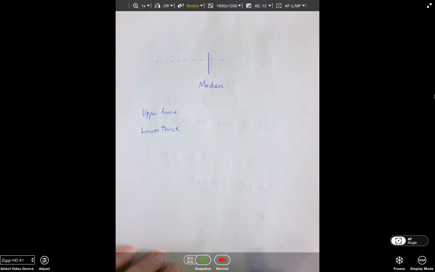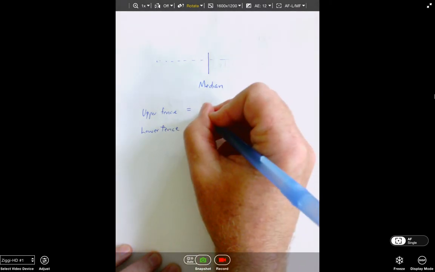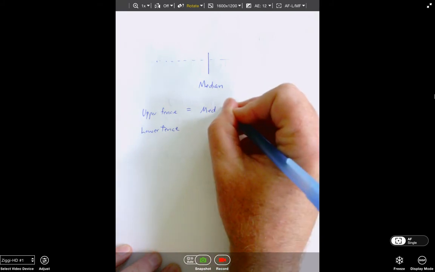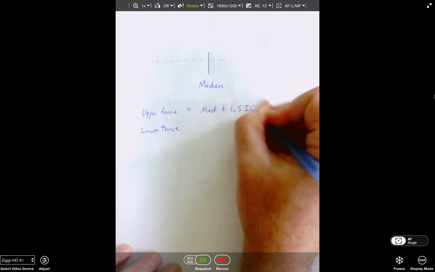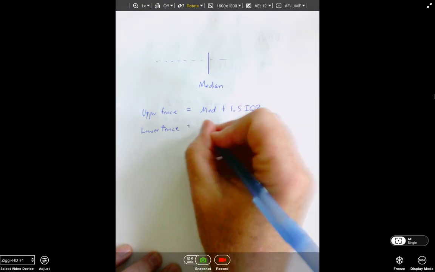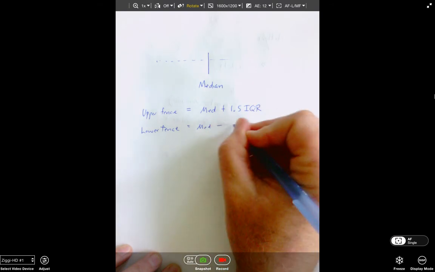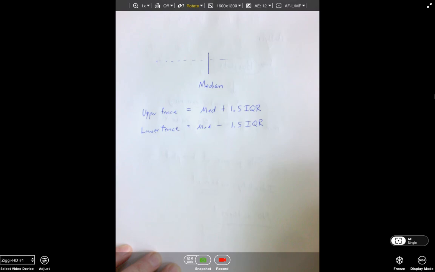Then we can do something called a lower fence. The upper fence is the median plus 1.5 times the IQR. The lower fence is the median minus 1.5 times the IQR.